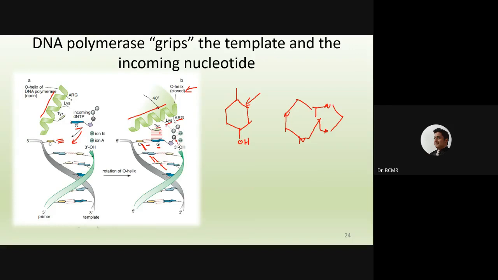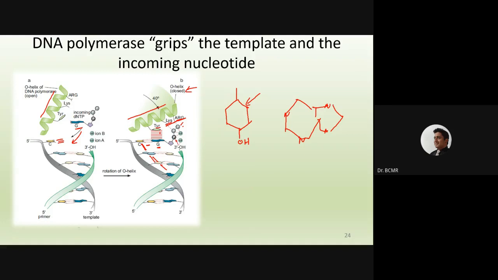And then the lysine and arginine residues, which are basic amino acids, can interact with the beta and gamma phosphates here. So there are multiple mechanisms: if it is a wrong base, it will be expelled. If it is not base pairing properly, it will be expelled.